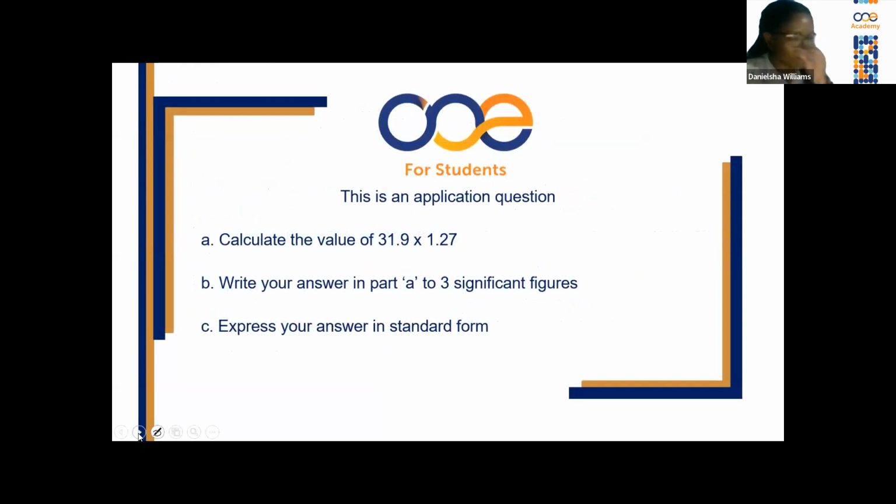Oftentimes, when you're looking at standard form or scientific notation and the significant figures, which we looked at last week, they often group those with calculation questions, whether it be whole numbers and decimals or a combination. So sometimes you don't see standard form questions being asked by themselves or even significant figures. They're usually grouped with something else and you're to do the breakdown from there.